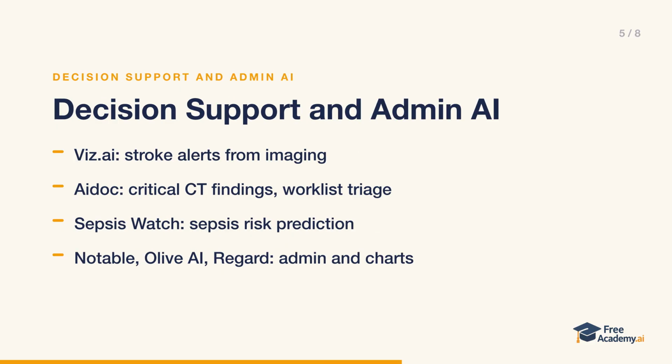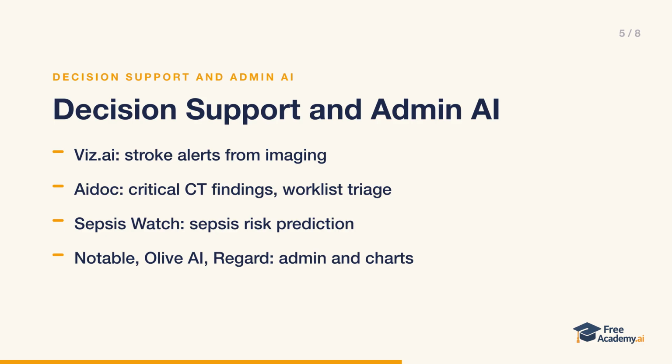The second group is clinical decision support. Viz.ai analyzes medical imaging in real time and alerts stroke teams when it detects a large vessel occlusion, which reduces time to treatment. ADOC flags critical findings on CT scans for radiologists and prioritizes work lists based on urgency. Sepsis Watch from Duke Health is a machine learning model that predicts sepsis risk and alerts rapid response teams.